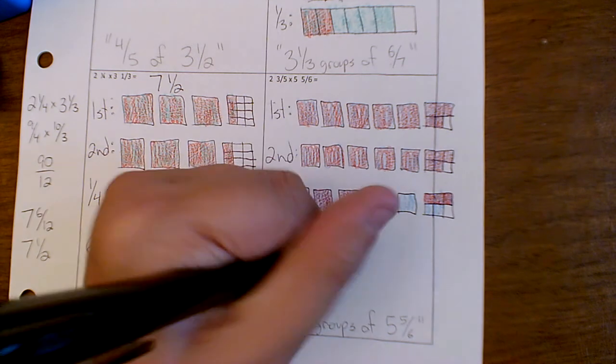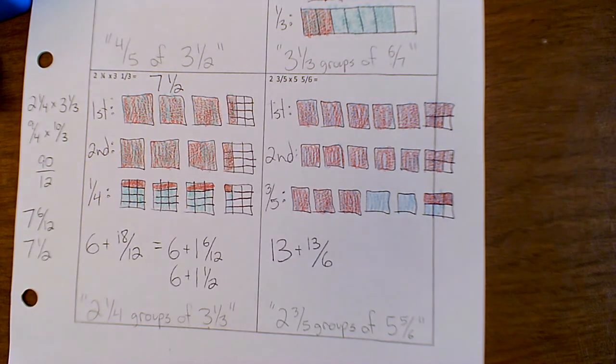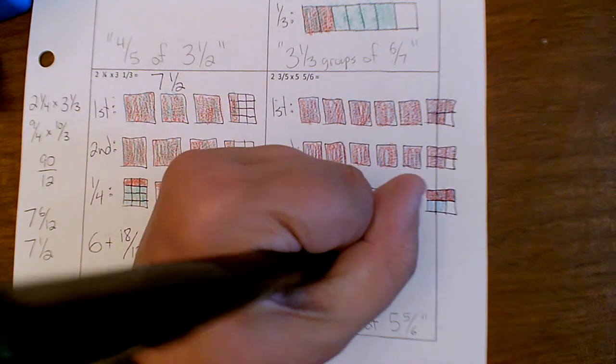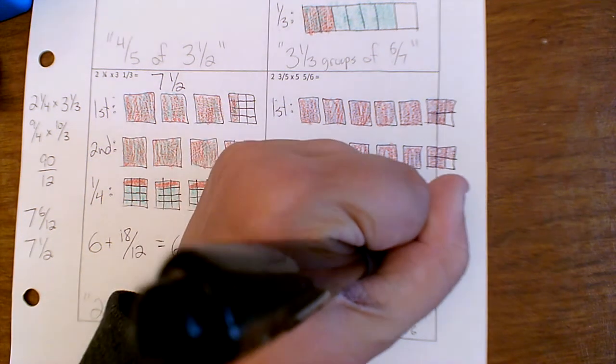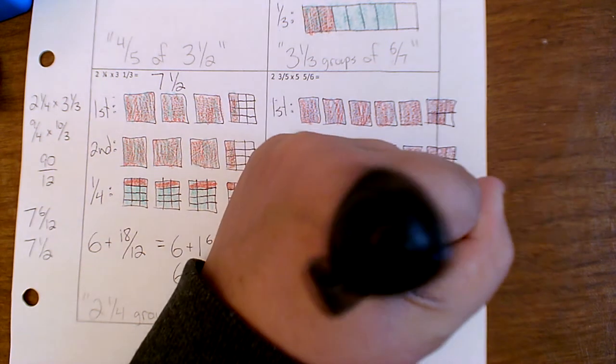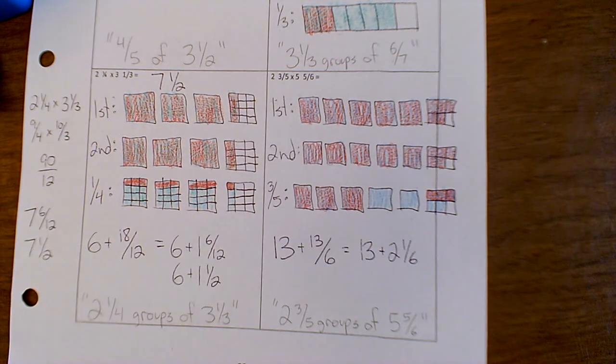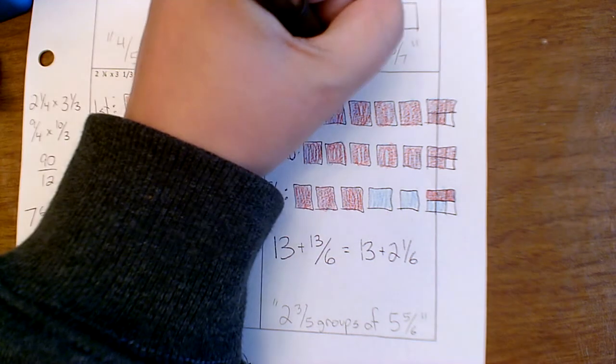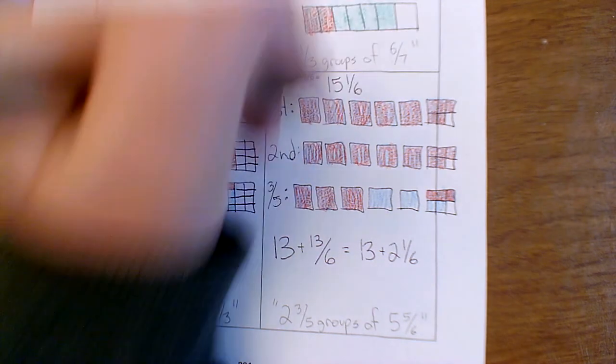And it takes 6 of them to make a whole rectangle. So we have 13 whole and then 13 sixths in little pieces. So if we reduce that, 13 sixths would be 2 1/6. So our answer should be 15 1/6.